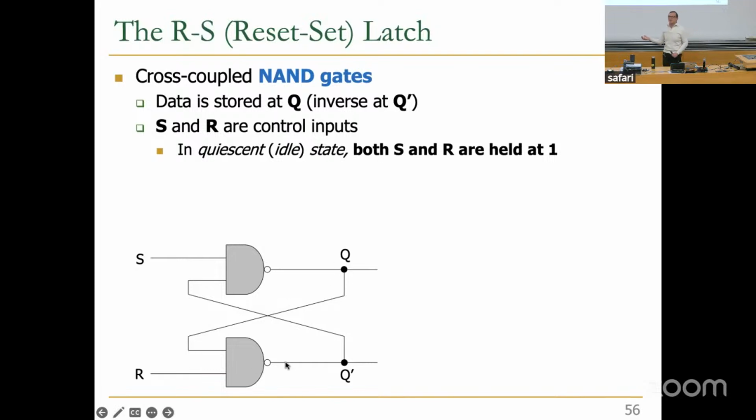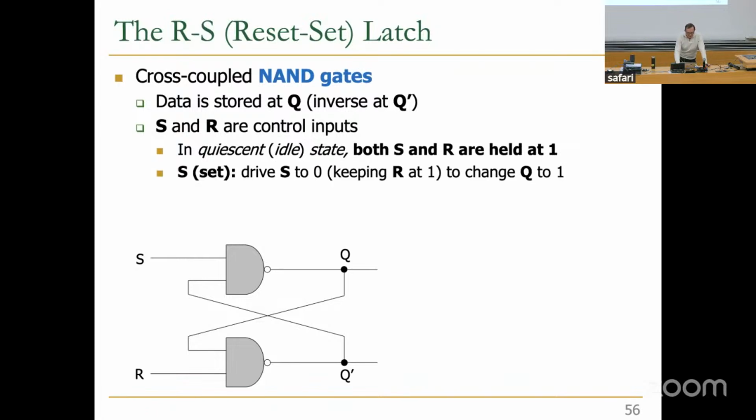So we're going to call it Q previous. Q equals Q previous. You can convince yourself this is the case, and your book actually helps you a little bit also. Now, if you want to set this, what do we do? We drive S to 0 while keeping R at 1. Now, if you drive S to 0, this NAND gate evaluates to 1, because the AND is 0 and there's an inverter.